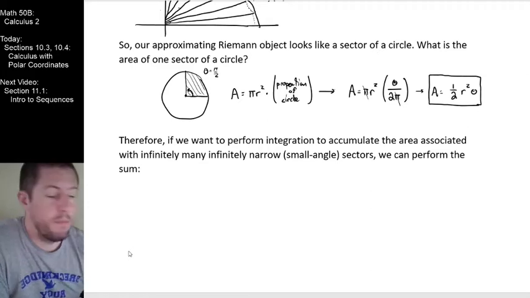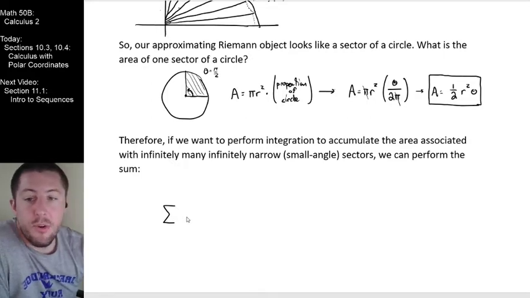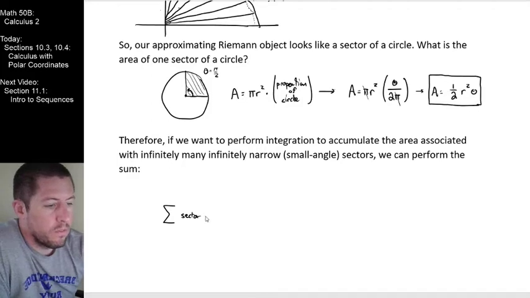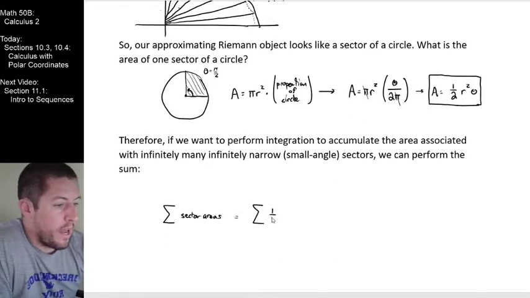Then we can perform the sum, right? So what I'm thinking is let's set up a summation right here. Well, all we're trying to do is add up a bunch of sectors, right? That should be the sum of just the 1/2 r squared delta theta. And now we take the limit as the number of subdivisions goes to infinity, or the limit as delta theta goes to 0.